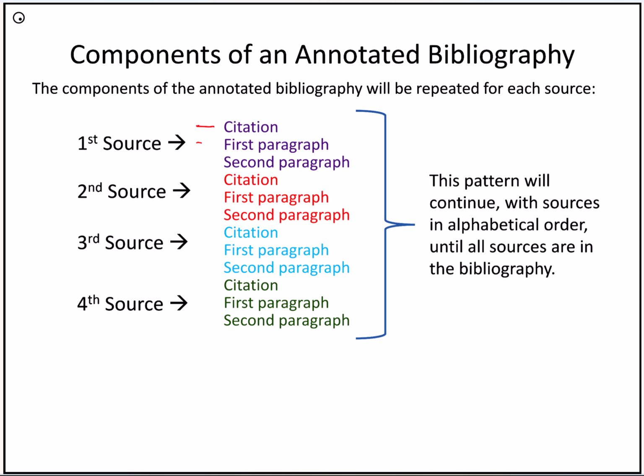And then your second source, full source citation, first paragraph, second paragraph. And then this pattern is going to repeat with all of the sources and you're going to put them in alphabetical order as if it were the Works Cited page, because that's how you would list citations in your Works Cited pages, in alphabetical order.